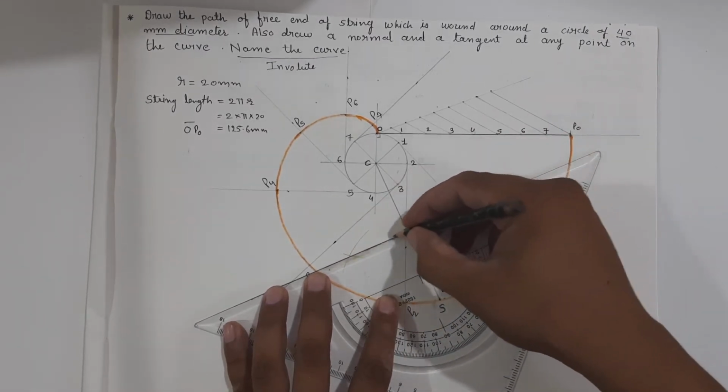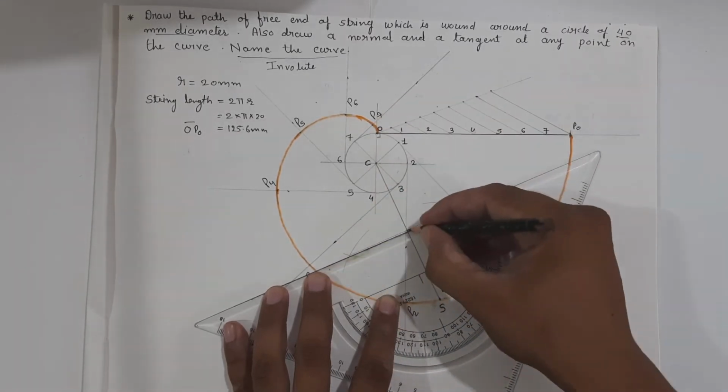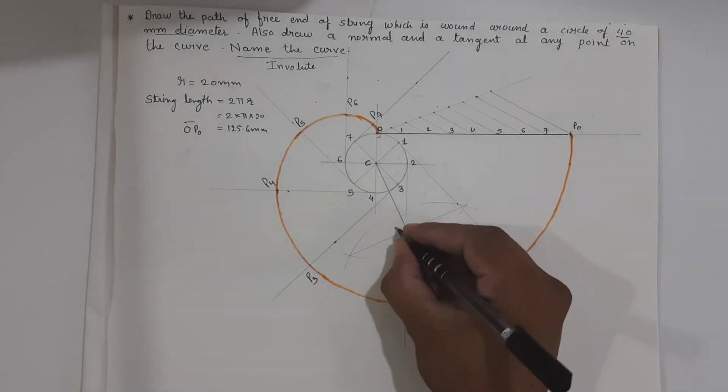So if we connect this line, it will intersect the line at the midpoint. So this will be the midpoint of the line.